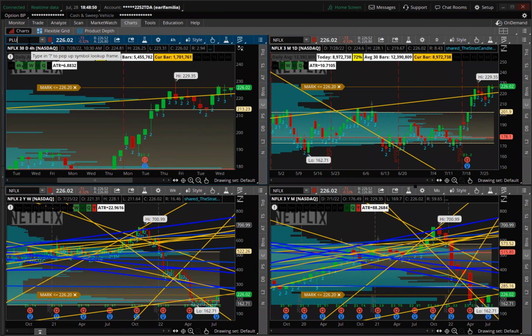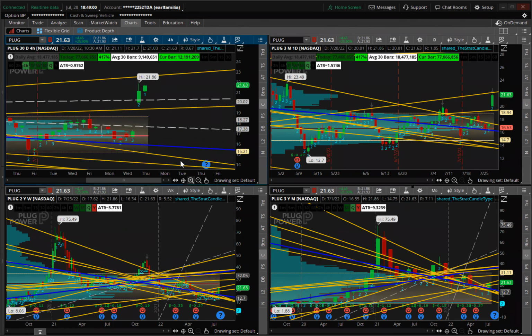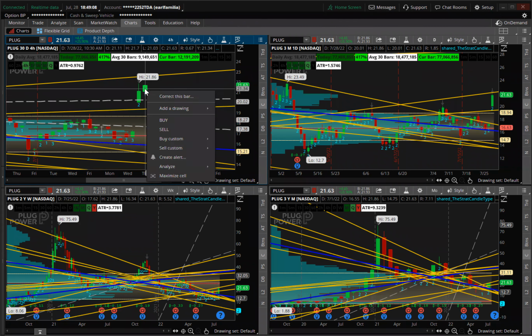Take a look at Plug. Plug is strong day to day. This one is easy to see. We're looking for a continuation on the day, to see if we can push it up to that broadening formation at around 23 bucks.